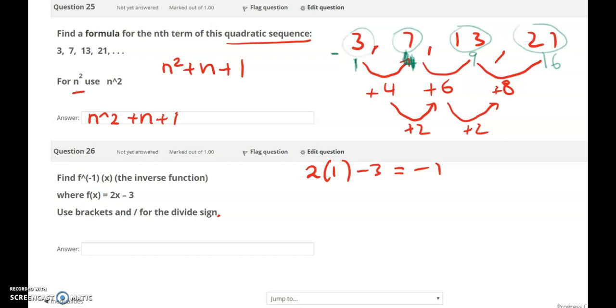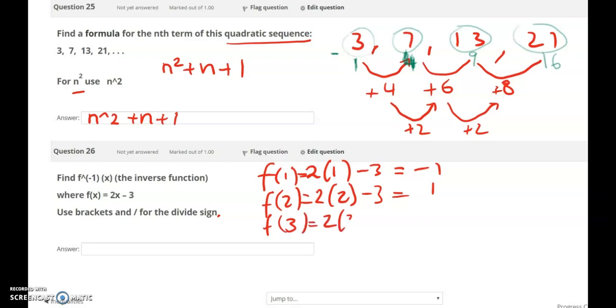If x was 2, for example, then we do 2 times 2 minus 3, which gives us 1. If x is 3, we can do 2 times 3 minus 3, which gives us 3. So this gives us particular values if we input values for x.